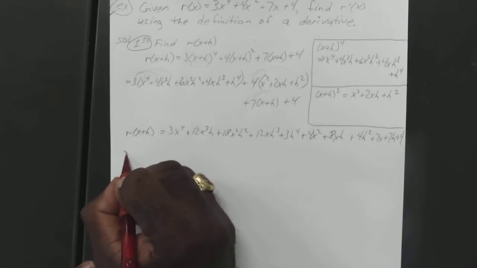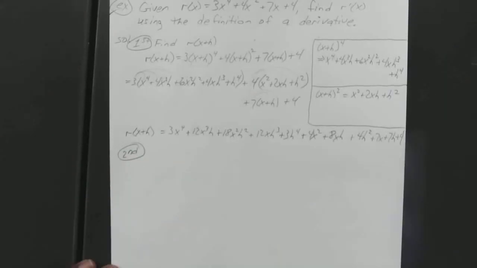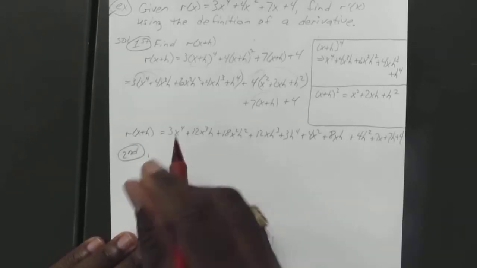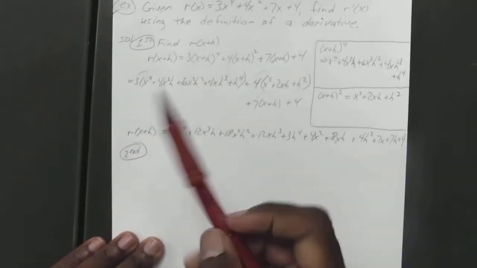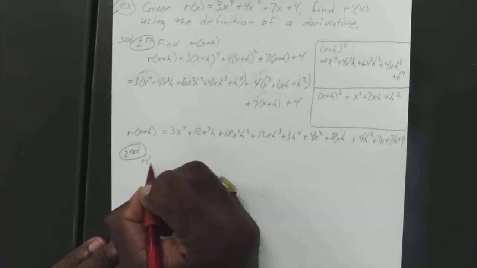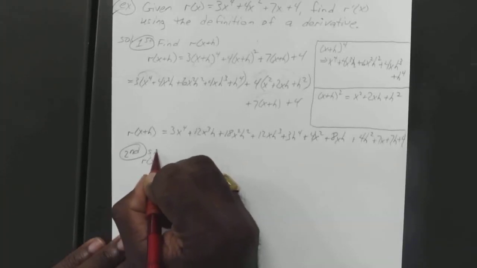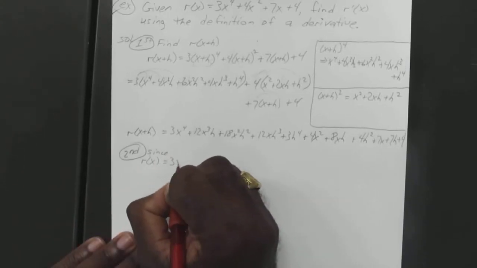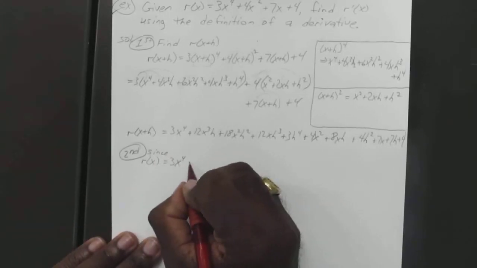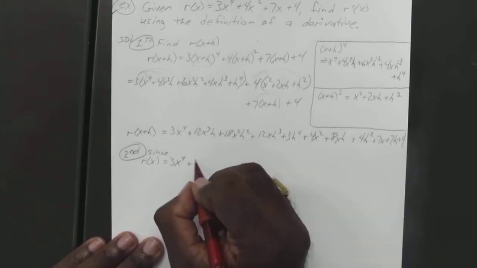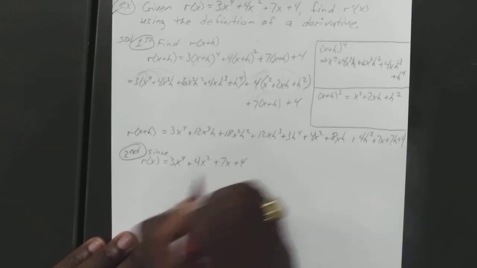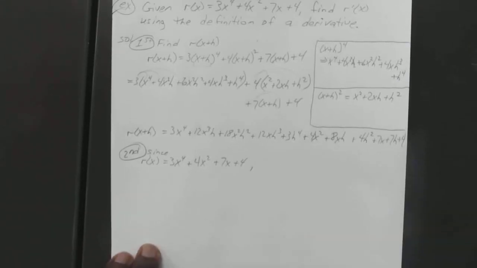Okay, so your second step, we already know what our r of x is. Since we know that r of x is equal to 3x to the fourth plus 4x squared plus 7x plus 4, we just plug it into our formula.